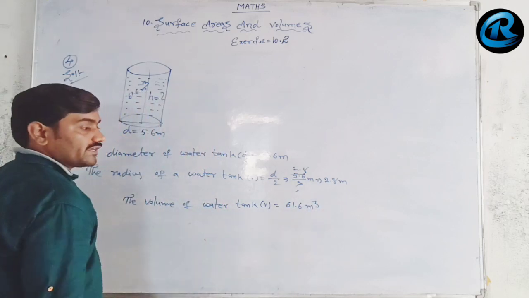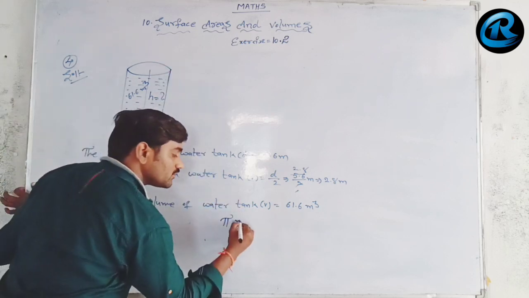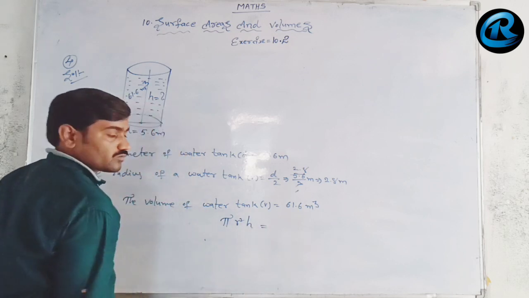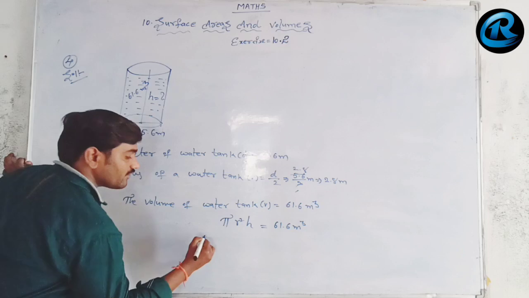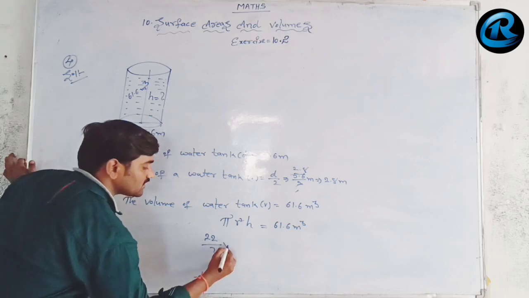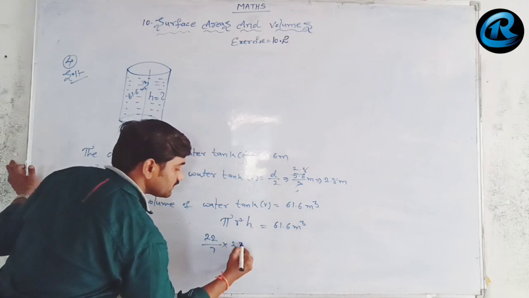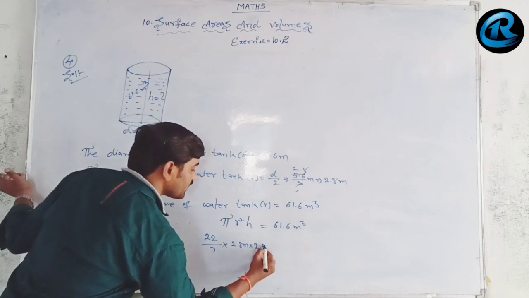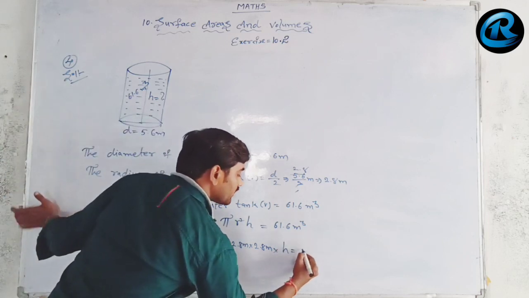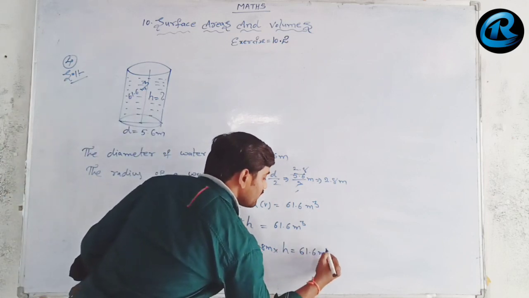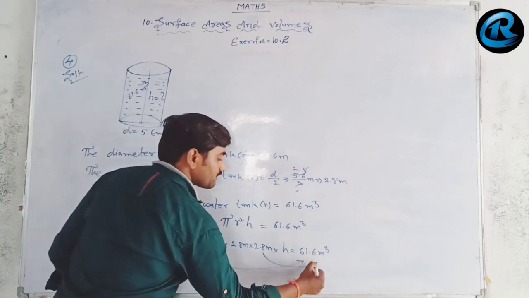The water tank is in the shape of a cylinder, no? So we use the volume of cylinder formula pi R square H, that equal to 61.6 meter cube, where pi value is 22 by 7. R value is 2.8 meters into 2.8 meters. H value we need to find out. We transfer all the values to this side.